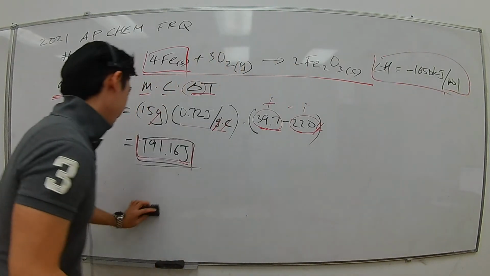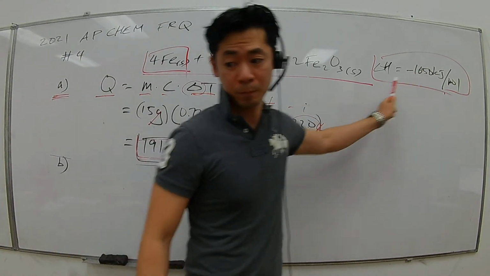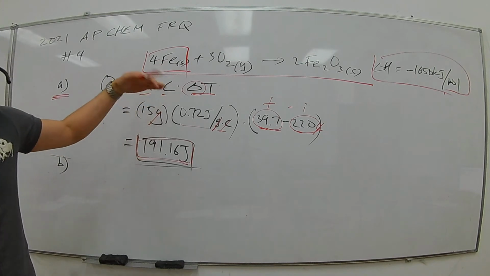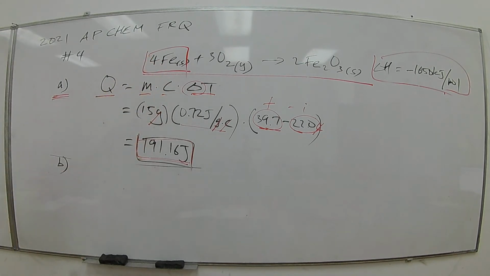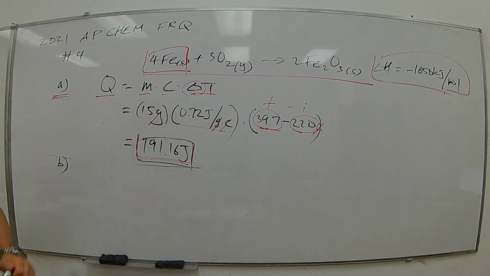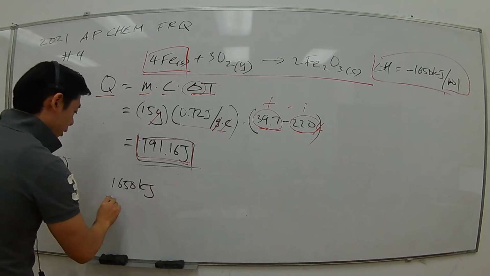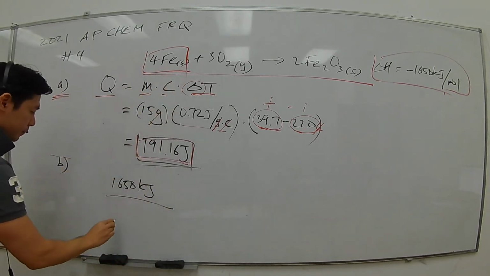You can say, from the understanding, this much energy was given off for this amount of iron. So you can set up an equation where I have 1650 kilojoules for 4 moles of iron.